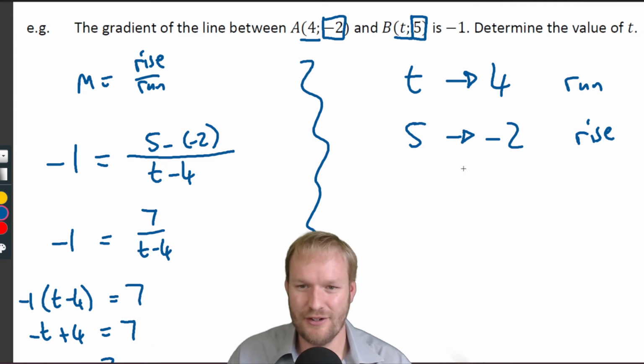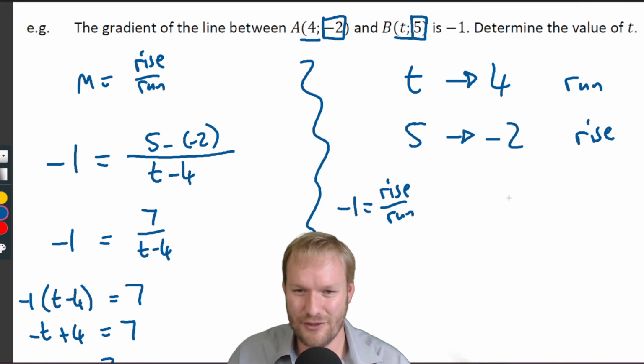Okay, so our rise here, bear with me, we know that our gradient is rise over run. So we are rising by -7, so we've got a -7 over there.